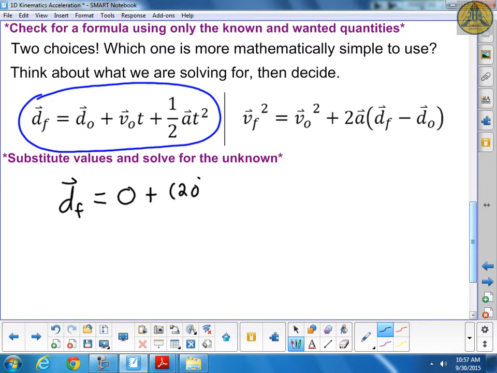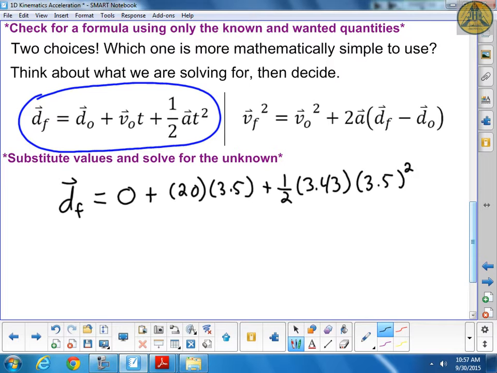Watch your order of operations. It may have been a while since you've done some math with multiplications and exponents in there. So 20 times 3.5 is going to be 70. The rest of it works out to be 21. There might be some decimal places there, I'm just rounding it off.